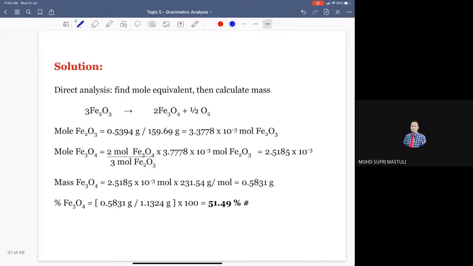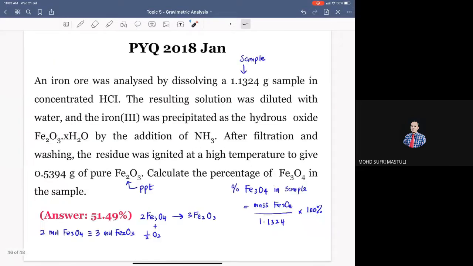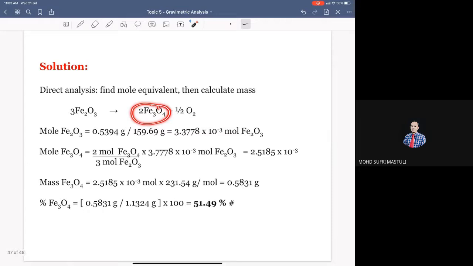Okay, yeah, same like this. 3 mole Fe2O3 and 2 mole Fe3O4. So we can calculate the mole of Fe2O3, and then also we can calculate the mole of Fe3O4. And then we can do mass and percentage.